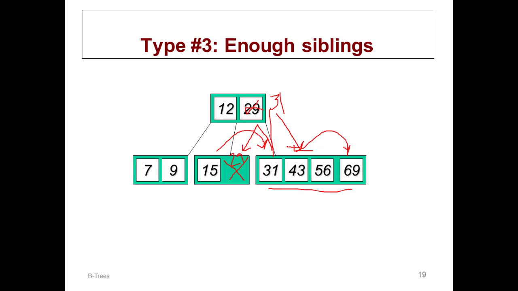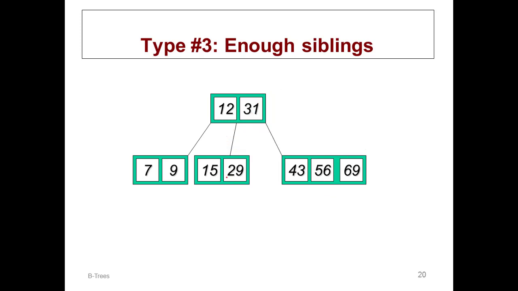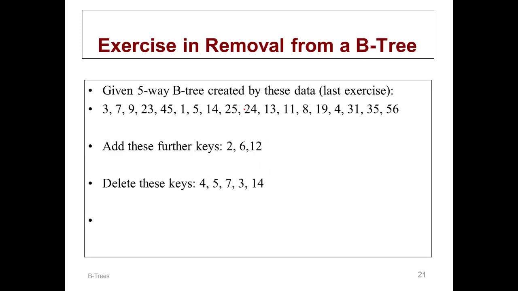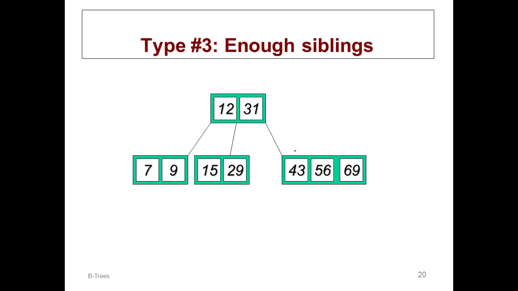So first we delete this value, then we demote the root key and promote the leaf key. 29 is demoted, 31, which is the leaf key, is promoted from this point to this one, and that's all. That completes the deletion of this one.